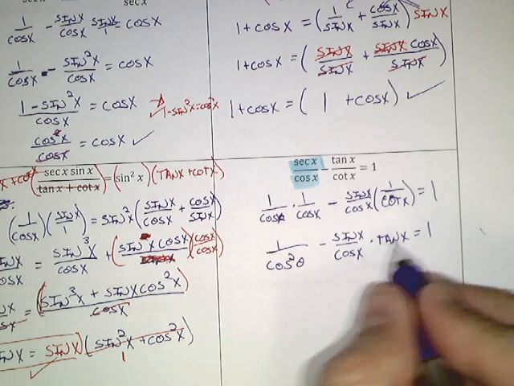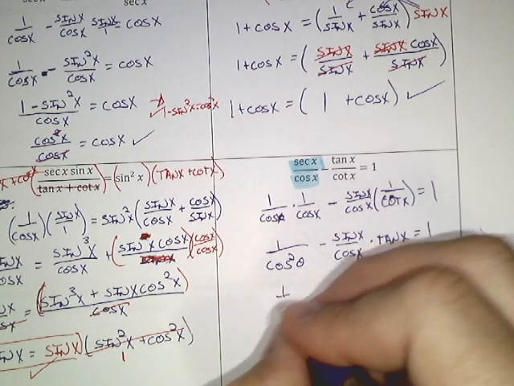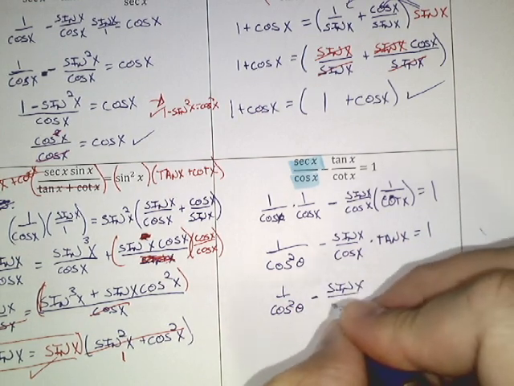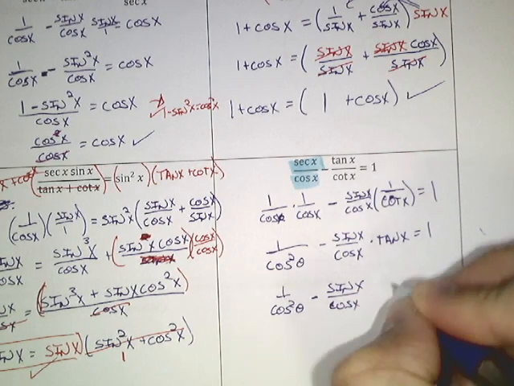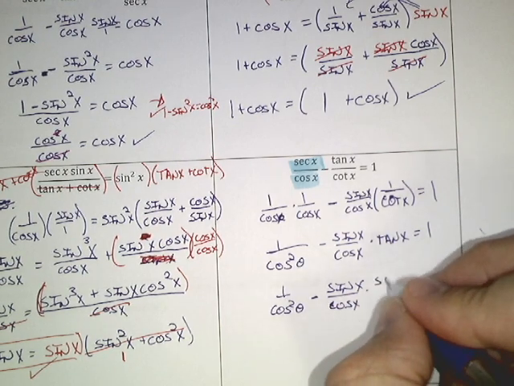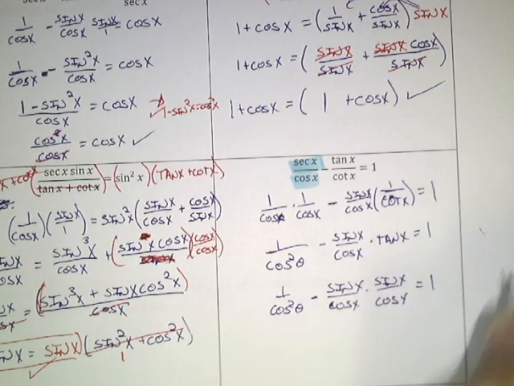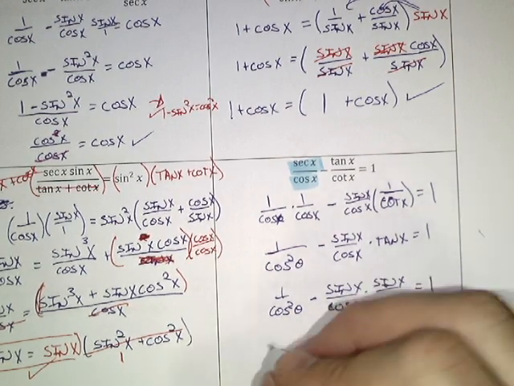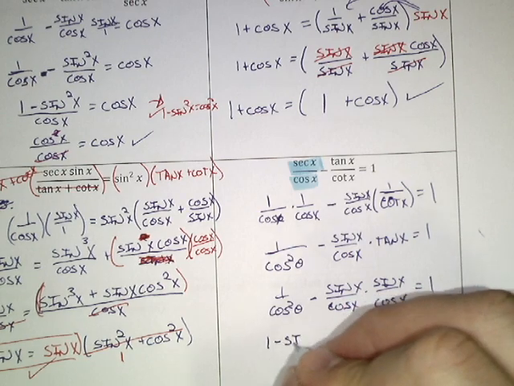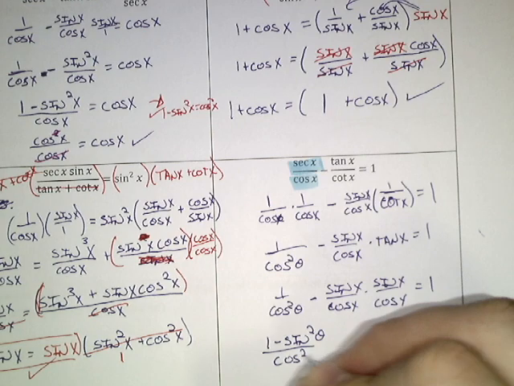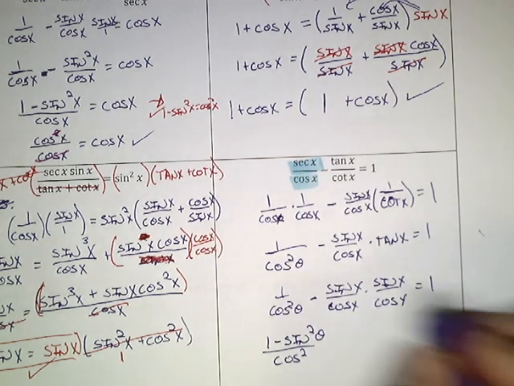So at that point, we can now make that sine and cosine: 1 over cosine squared theta minus sine x over cosine x times sine x over cosine x is equal to 1. This ends up being 1 minus sine squared theta over cosine squared.